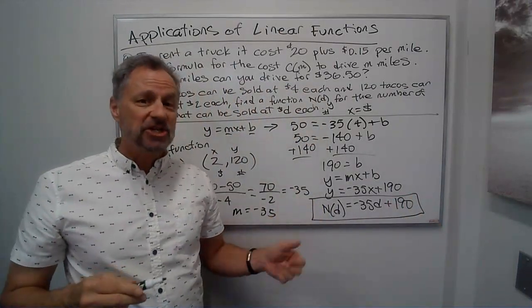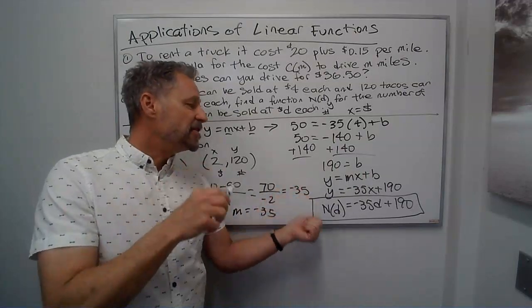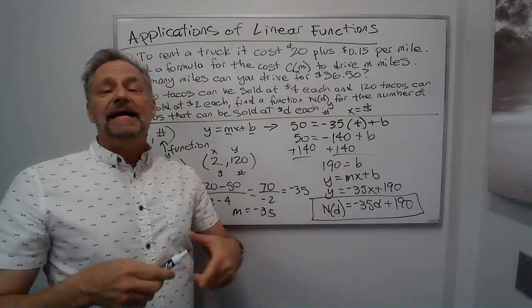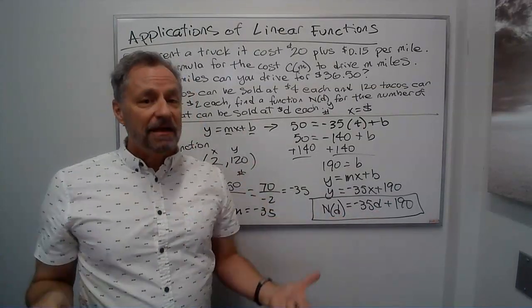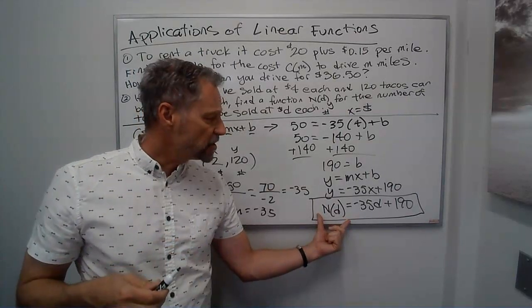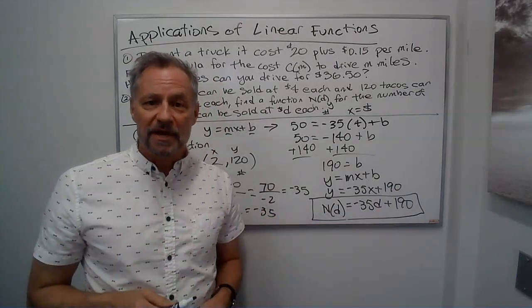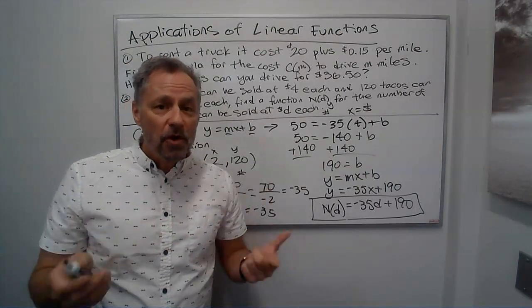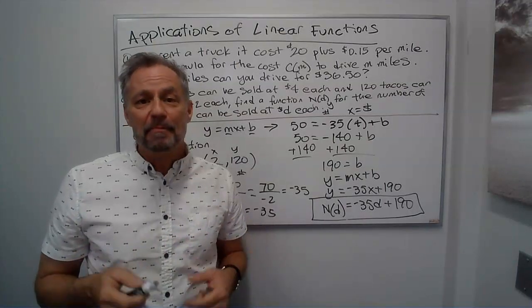But that's my function. If I wanted to find out the number at any price, I would plug that price in for D. If I wanted to know what the price was to sell a certain number of tacos, I'd plug that in for n of D, number of tacos, and then I could find out what price would give me that. Okay, so they're getting a little tricky. Work with them, practice. You'll get better and better the more you do.